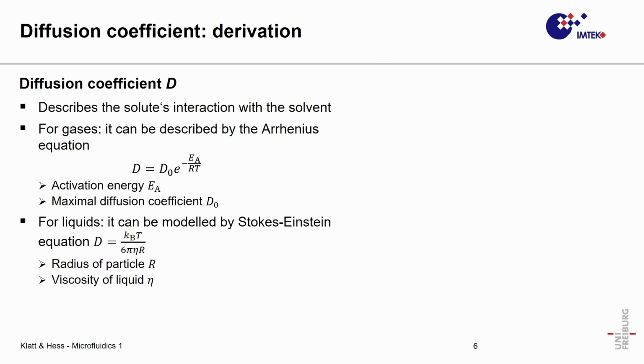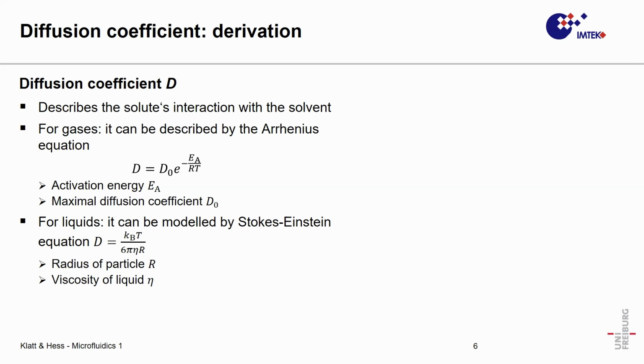For liquids, you can model the diffusion coefficient by the Stokes-Einstein equation, which is given here. So the diffusion coefficient equals the Boltzmann constant times the temperature divided by 6 pi eta r, where r is the radius of your particle and eta the viscosity of your liquid.